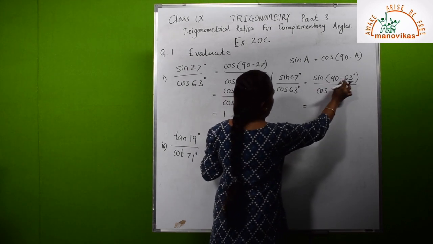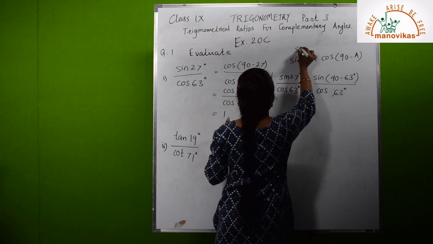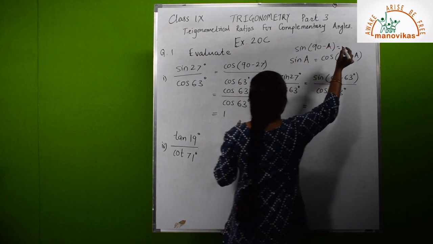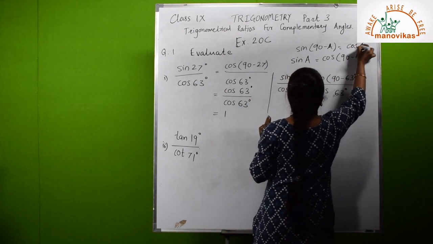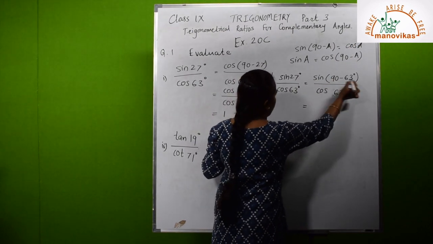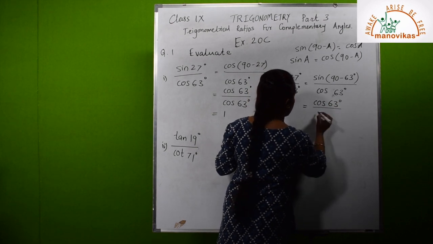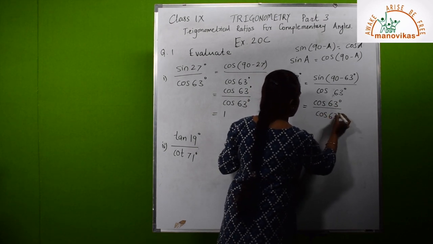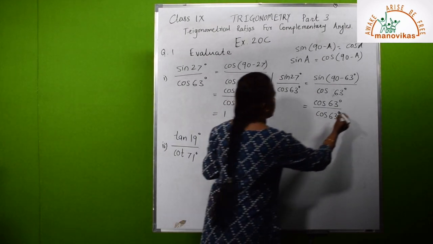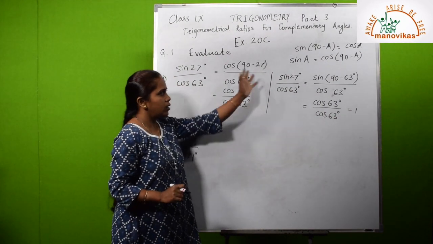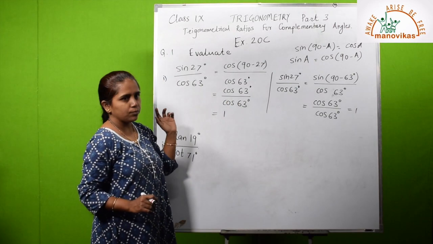And sine 90 minus A, what is the value for sine 90 minus A? As cos A. So sine 90 minus 63 we can write as cos 63 upon cos 63. That is also 1. These are the two methods to simplify the sum.